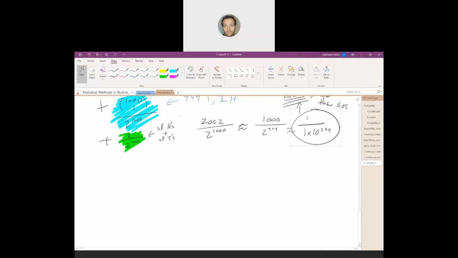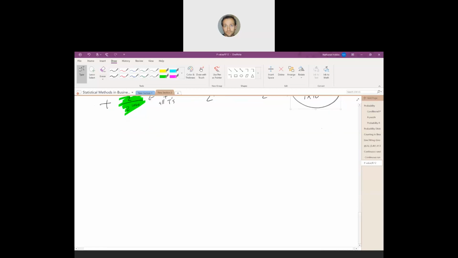Oh shoot, there's one other thing about p-value. One other quick thing about p-value is how does it work with continuous distributions? Again, this is the area, and this is the confidence interval, a 95% confidence interval.